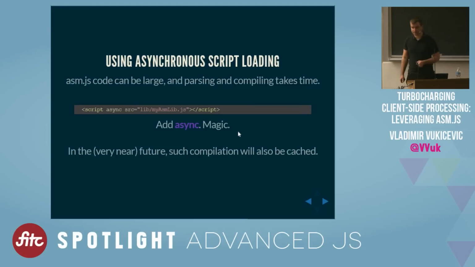This is doubly important for us in places like Firefox OS, where the only apps that exist are pure web apps. And if you have something that's using asm.js, especially on a low-end device, it might actually take a minute, minute and a half to compile this stuff. But with async script loading and caching, we have the ability to do that compilation work when you first install the app.